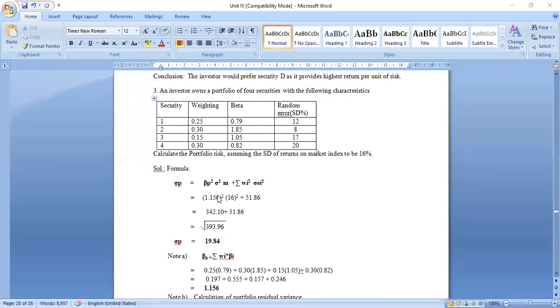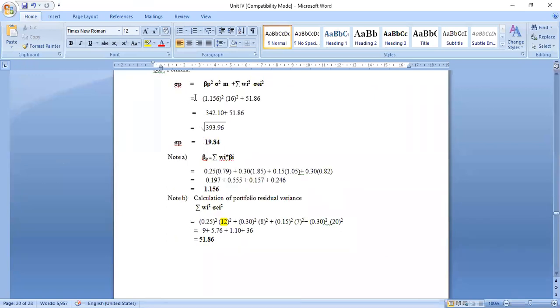Okay, so now we will start with the first working note. Now here you will have two working notes. One is for calculating the beta value, the portfolio beta, as well as we are going to calculate the residual variance. Okay, so to calculate the value of beta, we have the summation of weights into beta of individual securities.